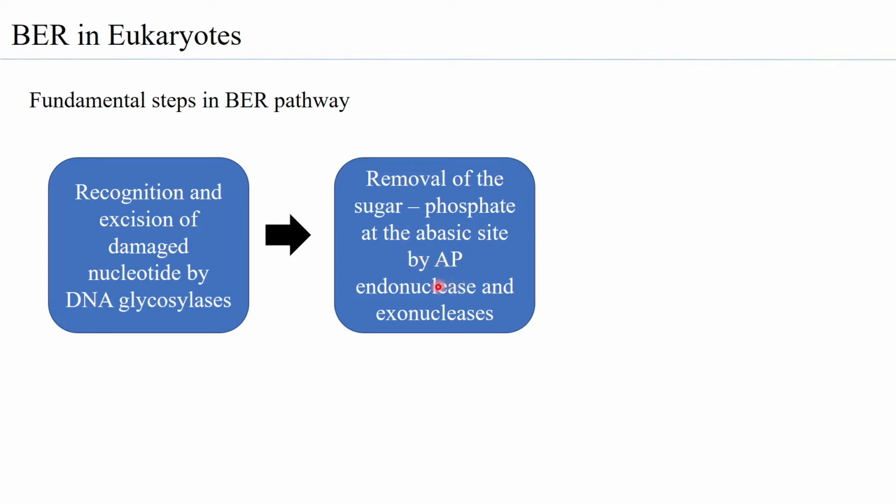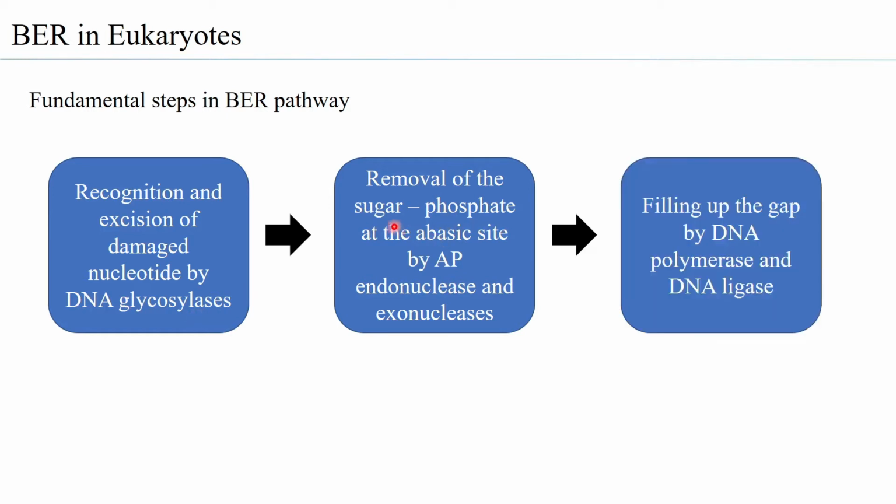And what has been observed is many times the incision in the sugar phosphate backbone can also be created by some DNA glycosylases. Once that has been done, because it becomes a gap due to the removal of the sugar phosphate backbone, it has to be filled up, and that filling up is done by a DNA polymerase.